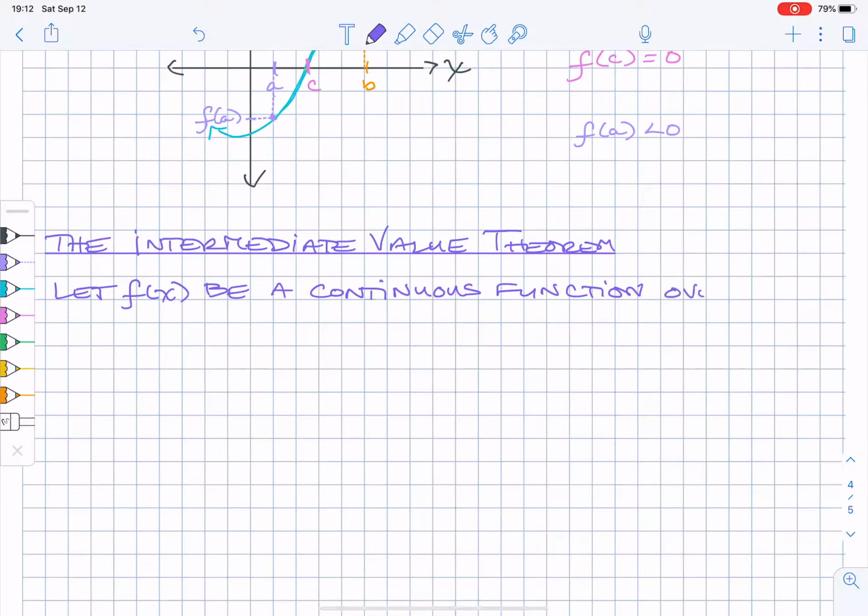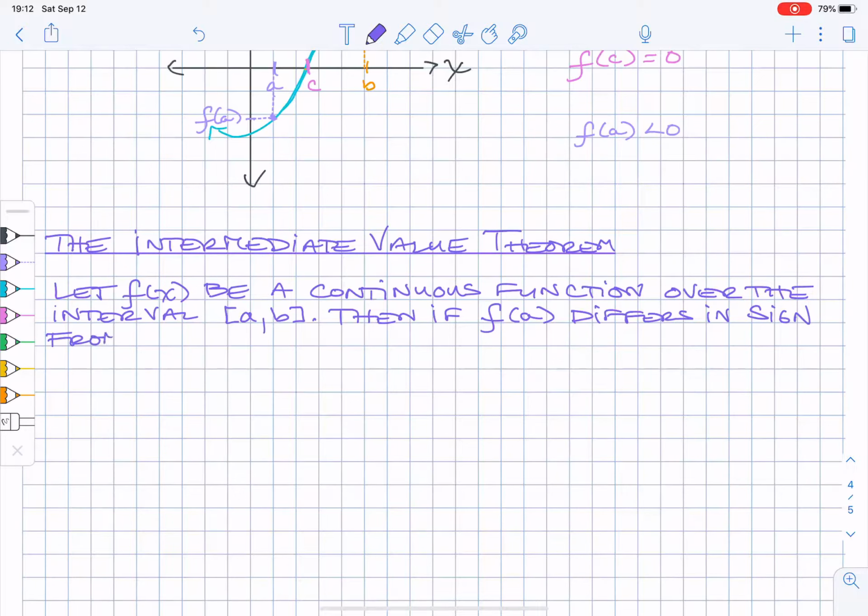Let's say over the interval a comma b, if f of a differs in sign from f of b, then there exists some constant c on the open interval from a to b such that f of c is 0.